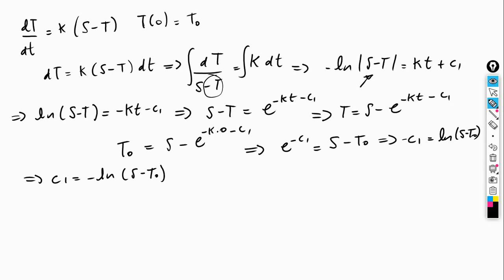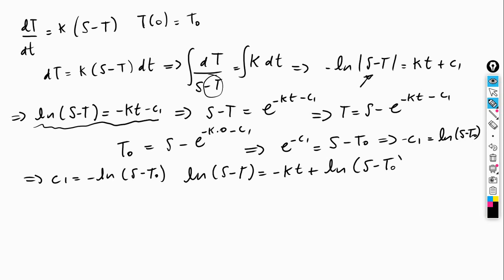Okay, so that means that we can plug this back into this part that we found before for C1. So if we do that, we're going to get that the natural logarithm of S minus T is equal to minus kt plus the natural logarithm of S minus T sub 0. And then we can rewrite this.